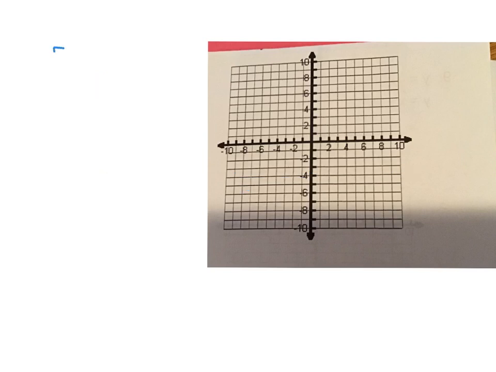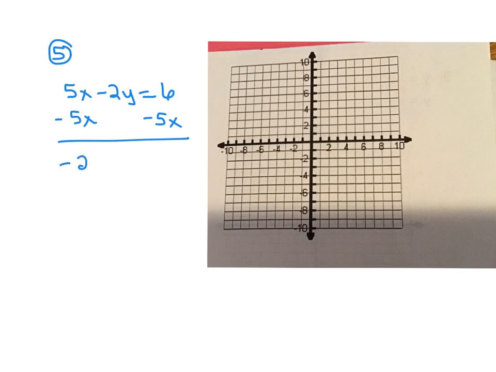All right, number 5. What if we have this? 5x minus 2y equals 6. These are the worst ones because this is where most of you are great with graphing, not so great with rewriting. So, first thing, subtract the 5x. We're subtracting because the original one was positive. Negative 2y equals negative 5x plus 6.